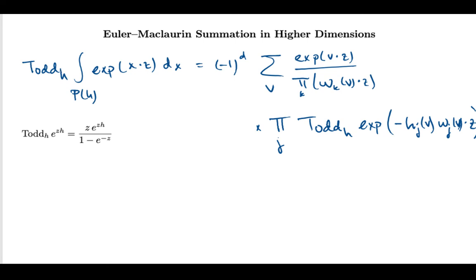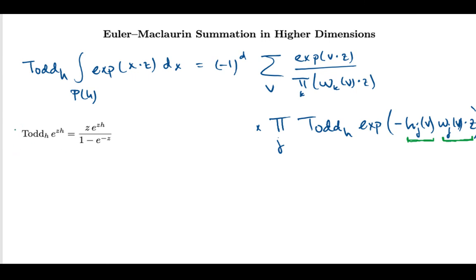So here's where we are. We have on the left-hand side our integral over the perturbed polytope. We apply the Todd operator, and I just copied the right-hand side and pulled the Todd operator to the place where it actually gets applied. And so what we have here is the h variables over here. And then this dot product over here is independent of h.